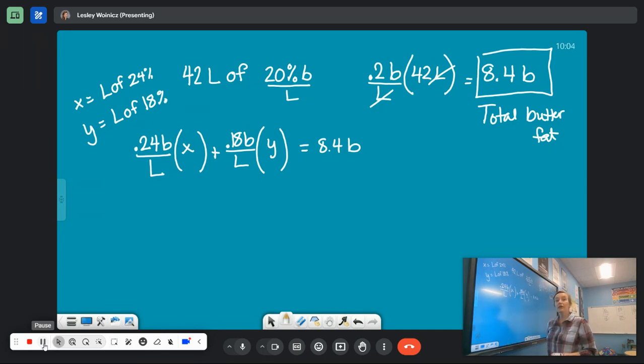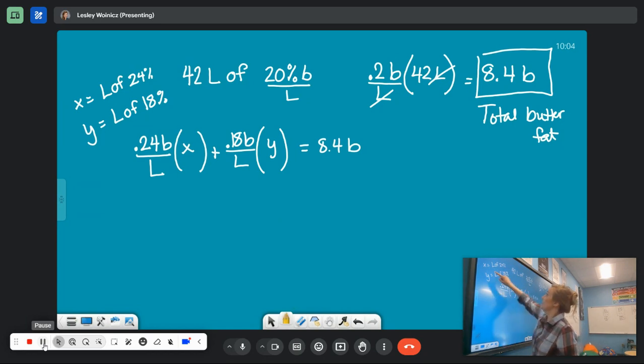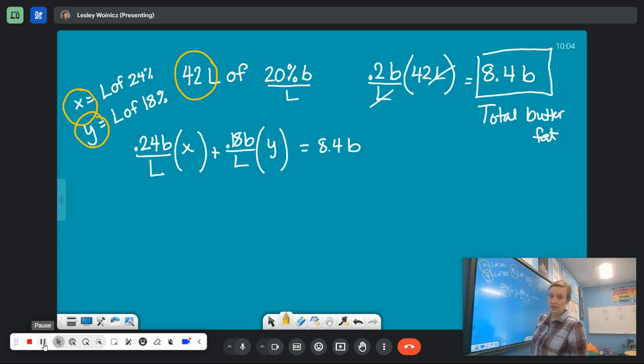Now we have another equation that we can use, and that is the fact that the X liters and the Y liters have to add up to a total of 42. That's our second equation.